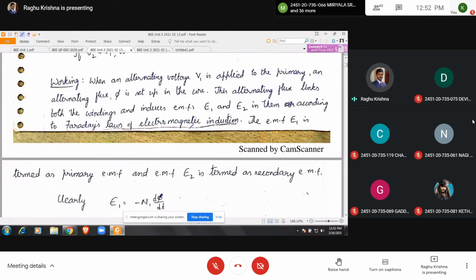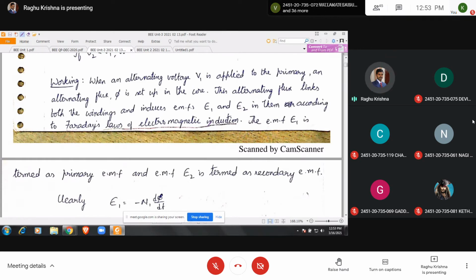So how is the EMF induced in the windings? When an alternating flux links with the winding, EMF is induced according to Faraday's laws of electromagnetic induction. This induced EMF is known as statically induced EMF. Like that you can write.